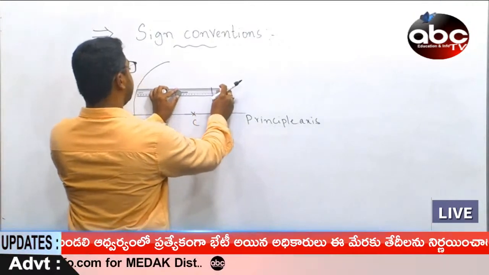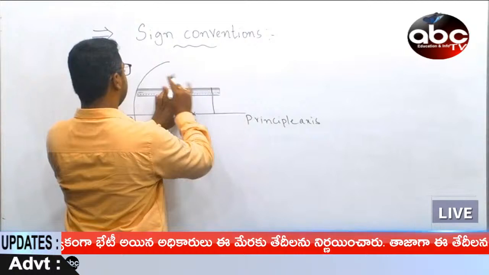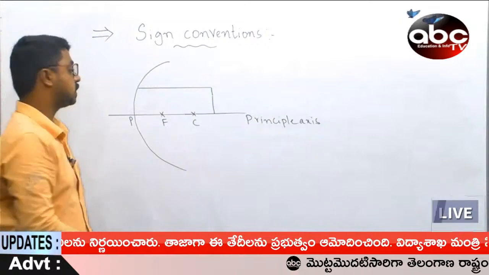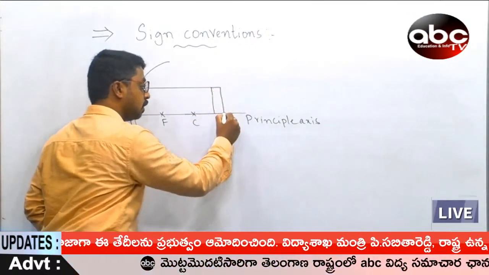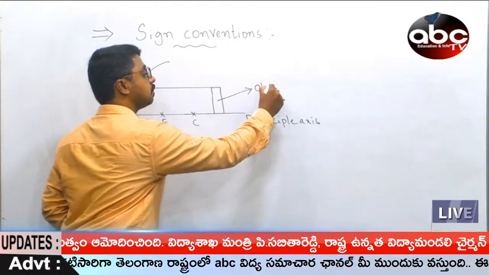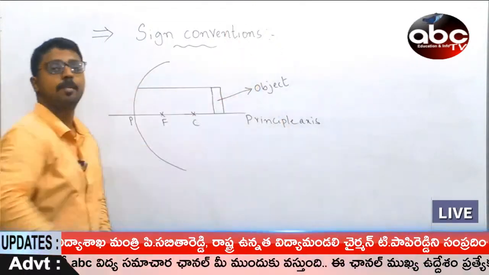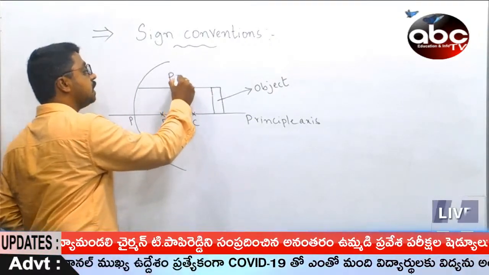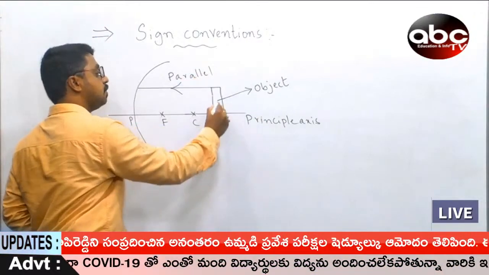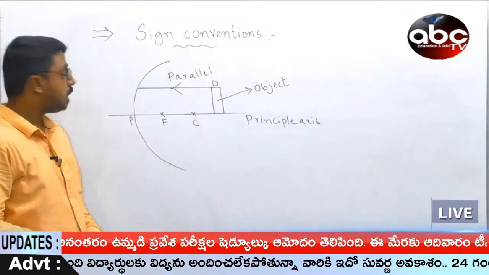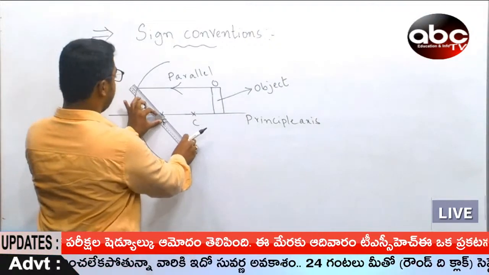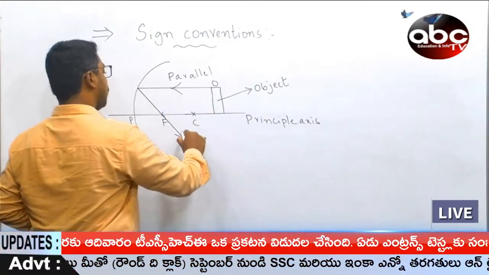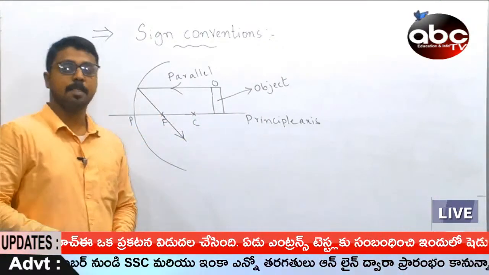Naturally, I consider a parallel ray here. Suppose this is your object, and this is a parallel ray coming from the object O. Naturally, the parallel ray reflects itself through the focus.